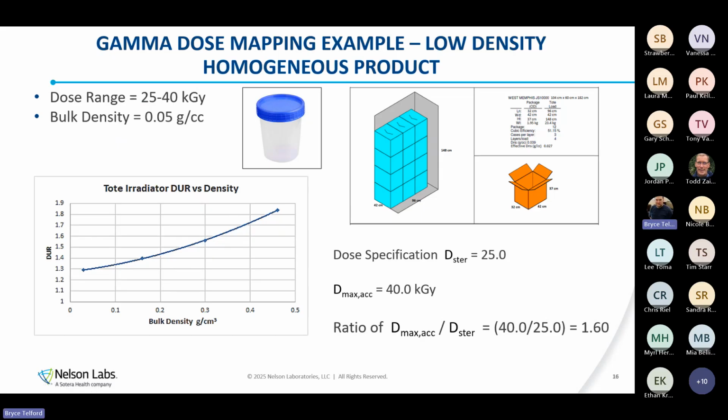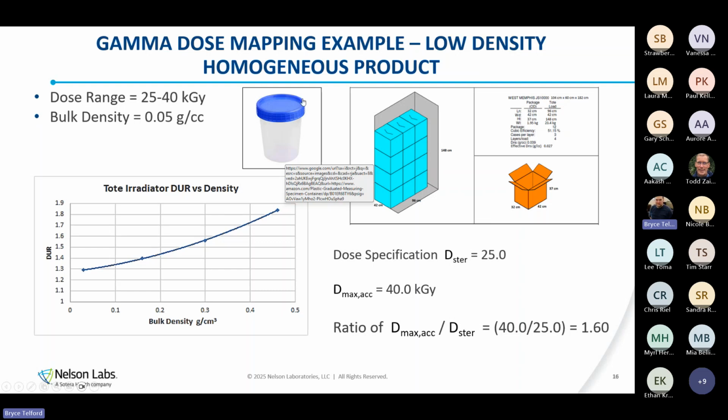So let's take a look kind of at a gamma dose map. In our example, we have a low density and fairly homogeneous product. We actually have this specimen cup. And it may not seem the most homogeneous because I have a big air void, for example, in here, followed and surrounded by plastic.